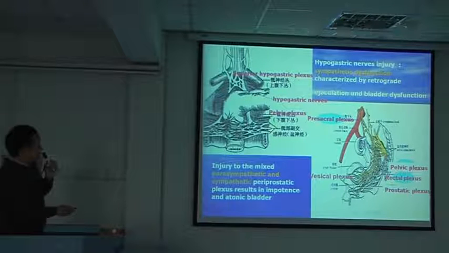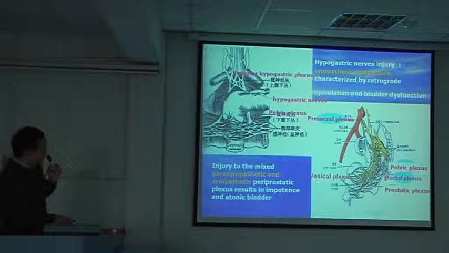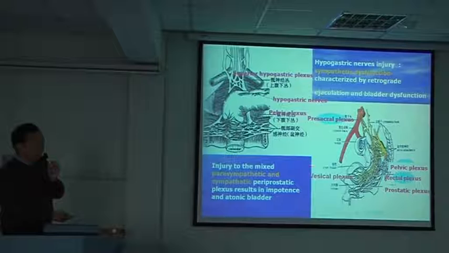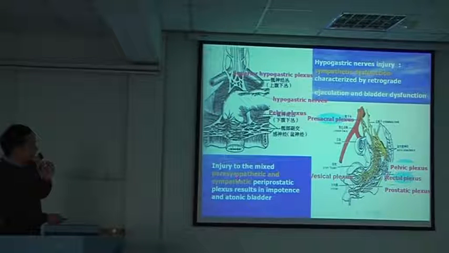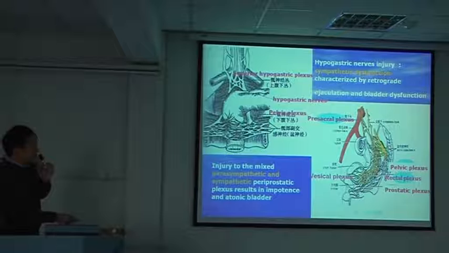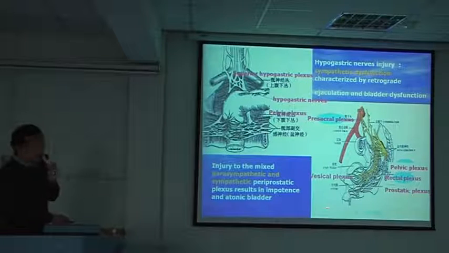And nearby is the rectal plexus, the pelvic plexus. This plexus has two different kinds of nerves: one is parasympathetic, the other is sympathetic. Injury of these nerves will cause impotence and atonic bladder.